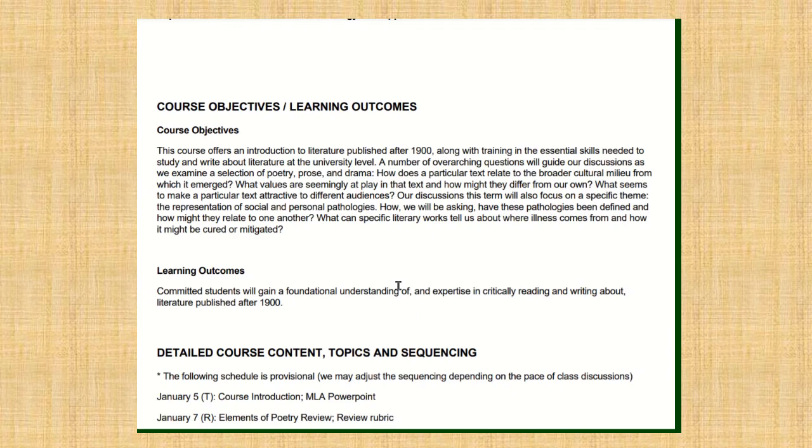That guiding overarching question will be, how does a particular text relate to the broader cultural milieu from which it emerged? So milieu is just a fancy French term, which means the time, the sort of the era that it sprung up in. You know, we might ask that big, large question of how does it interact with other material that was written in that milieu at that time?